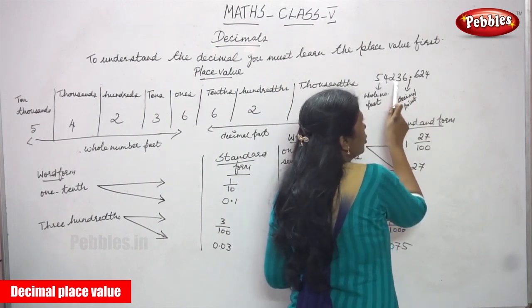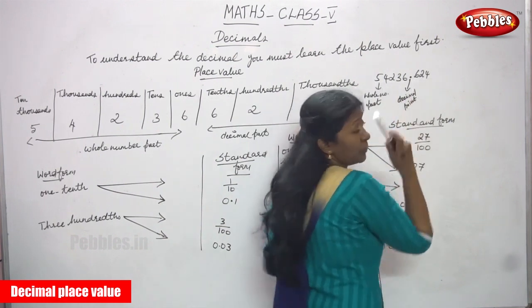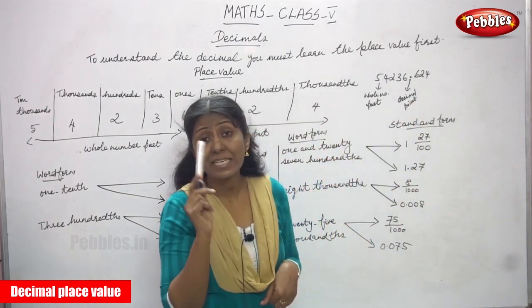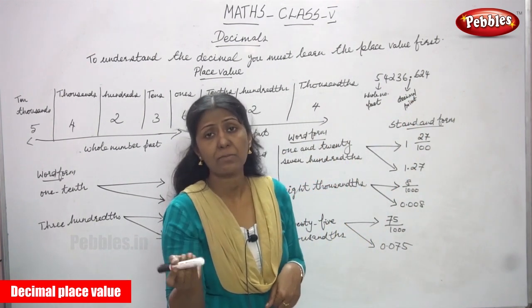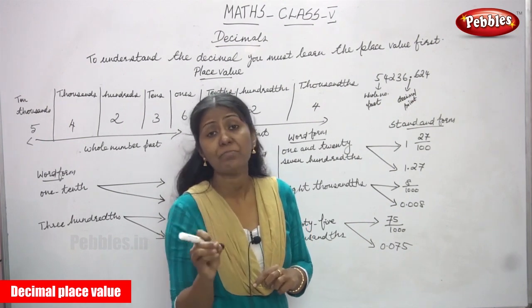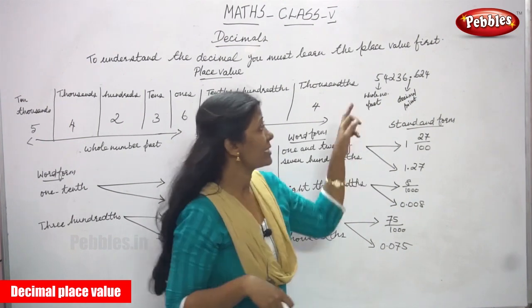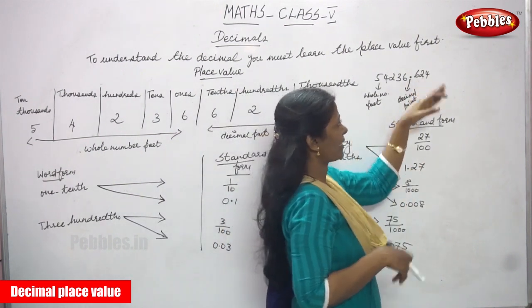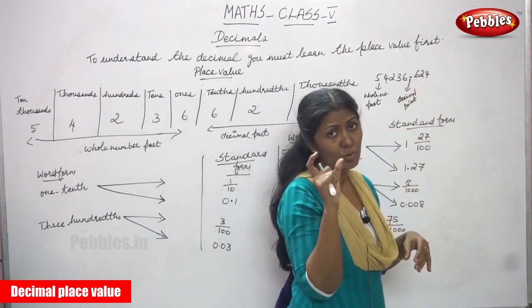You should not say 54,236 for that part. Only after the point you must say 6, 2, 4. After the decimal point you must say the place value of the number, only the digits, 6, 2, 4, like this.